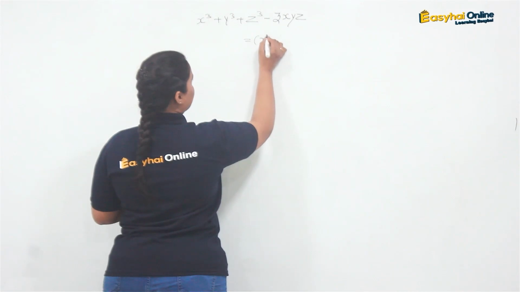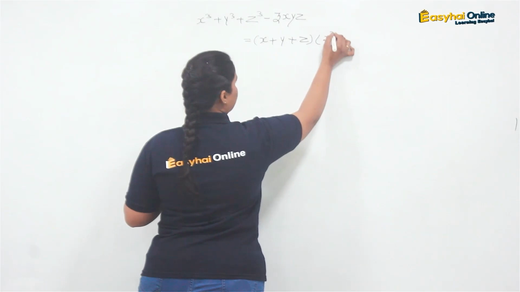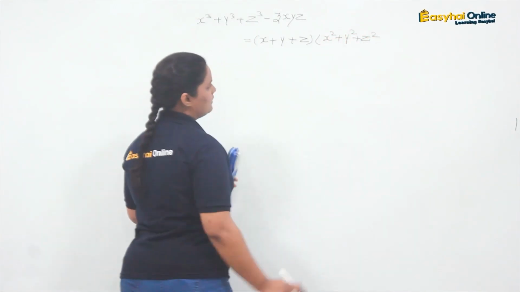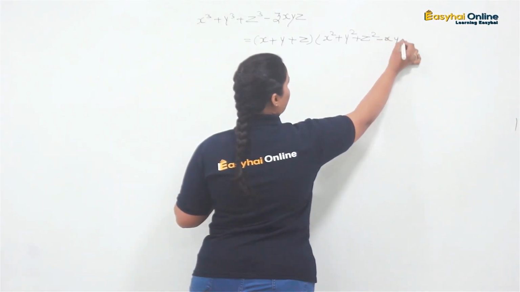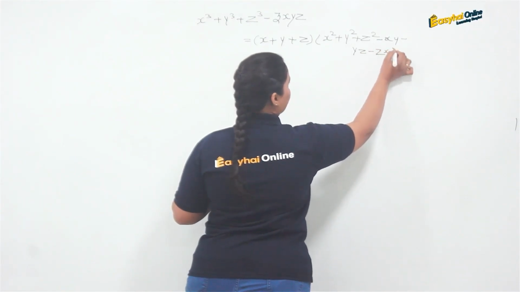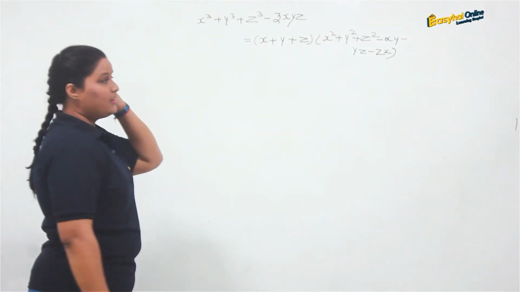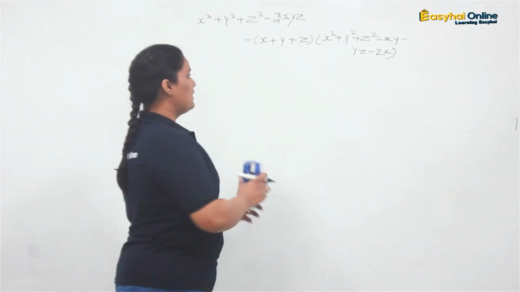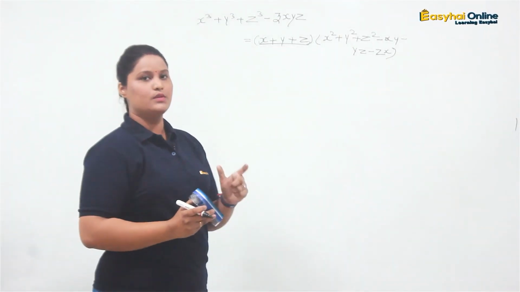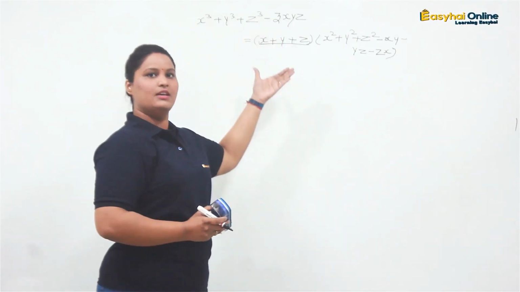It is (x plus y plus z) into (x square plus y square plus z square minus xy minus yz minus zx). This is the identity. And here is a very mandatory condition that the sum of these three numbers should not equal 0.